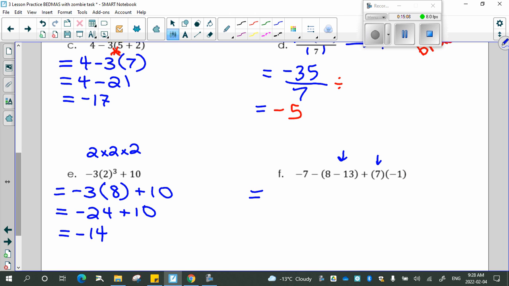Here, here, and here. But we're only going to do what if there's something we can do inside the bracket, which is this one. 8, positive 8, subtract 13, gets me to -5, plus, there's nothing to do inside those brackets, so we'll just leave them. Okay? Is there exponents? No. Division or multiplication?